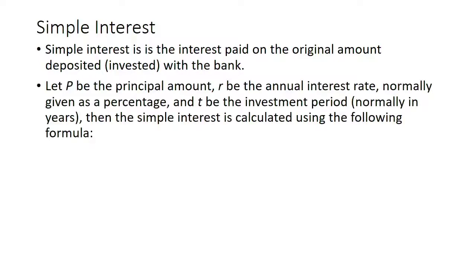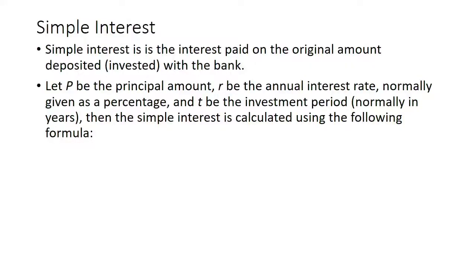If we let P be the money that we invest, and R the annual interest rate, normally given as a percent, in most cases you'll find it as 12 or even less, like 5.5. And T is your investment period, the time that you want to invest your money for, in most cases measured in years. Then the simple interest is calculated using this formula.